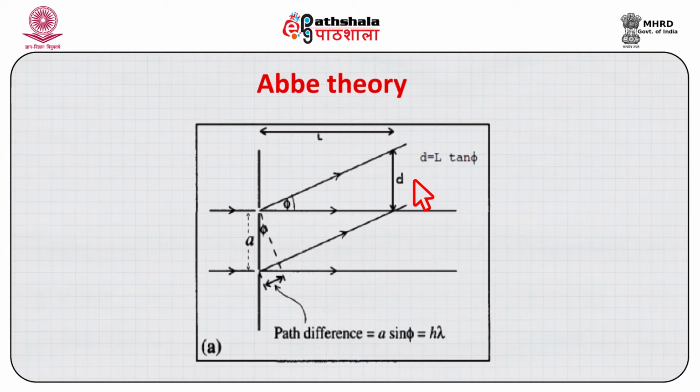The path difference between the two will be a sin phi, and this is related to the wavelength, n lambda.